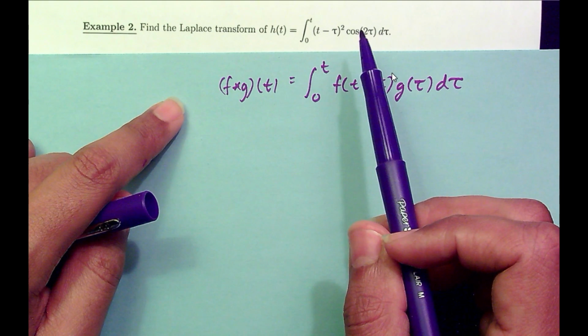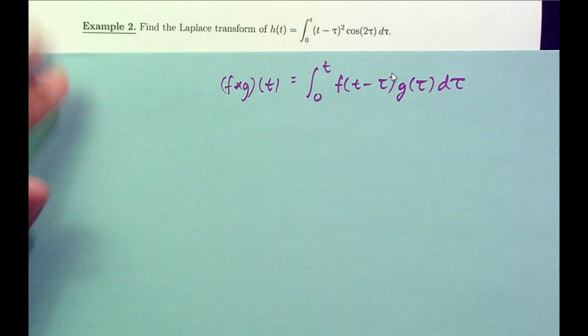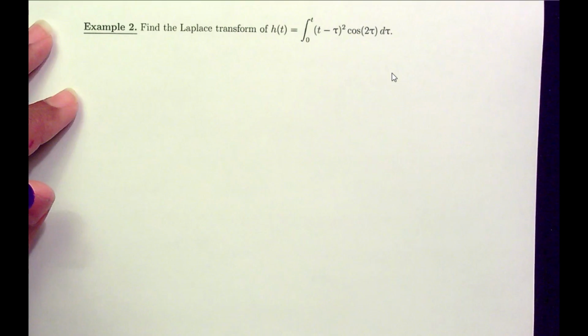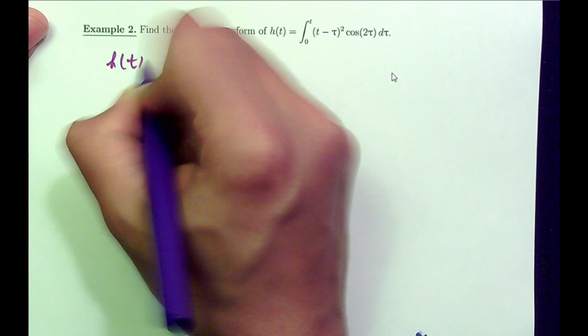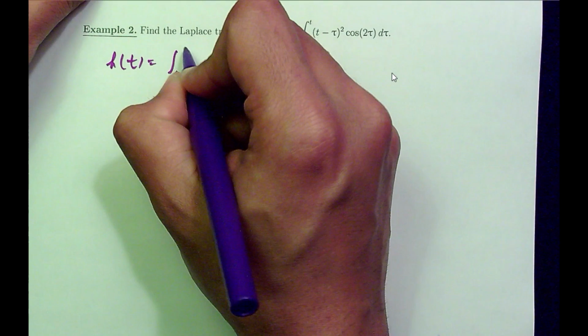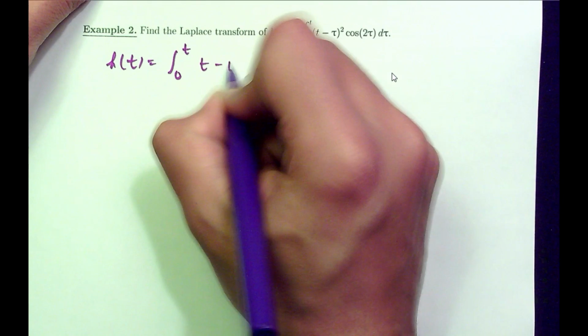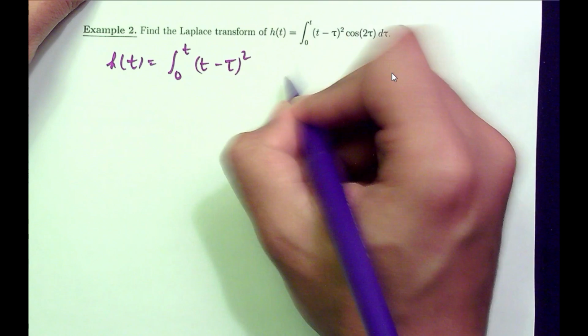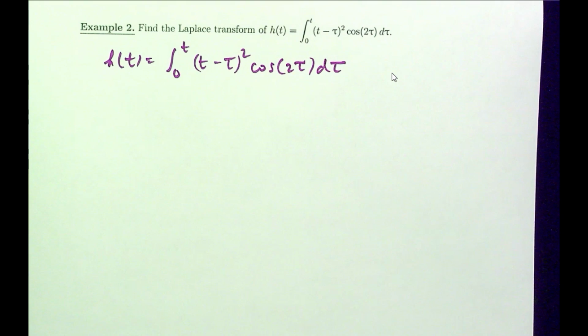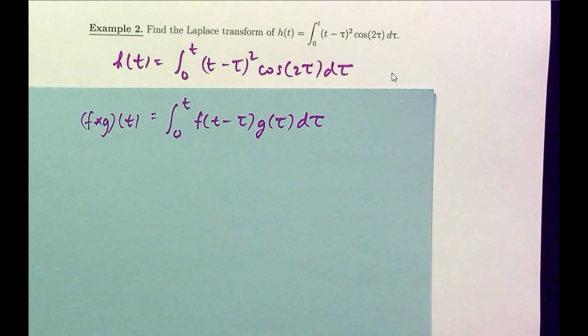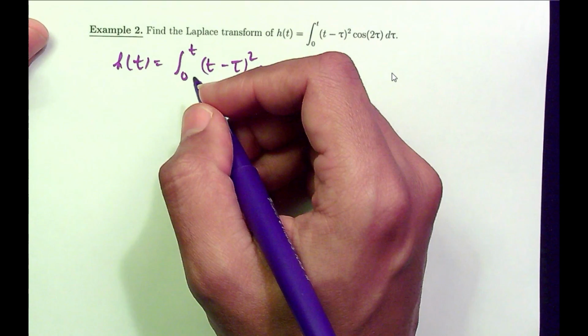It is a convolution product of what? Of these two functions. So let's rewrite this: h of t is the integral of (t minus tau) squared cosine of 2 tau d tau. Making the direct comparison, you see that f must be the squaring function and g must be the cosine of a double angle.